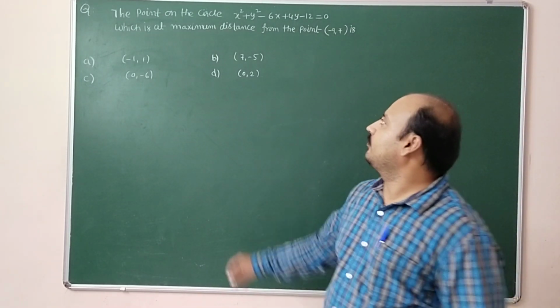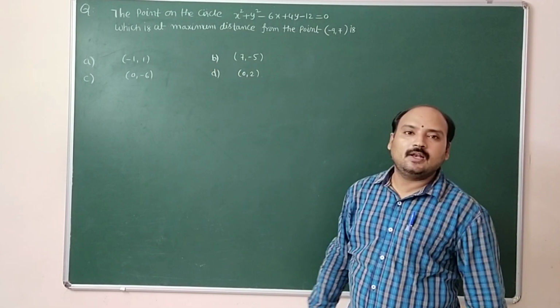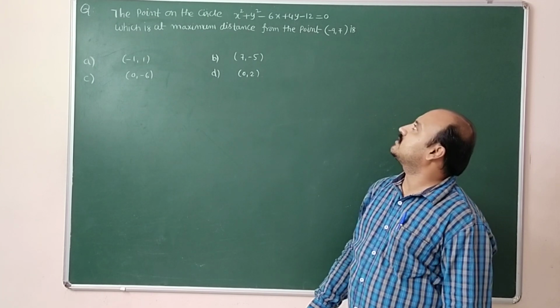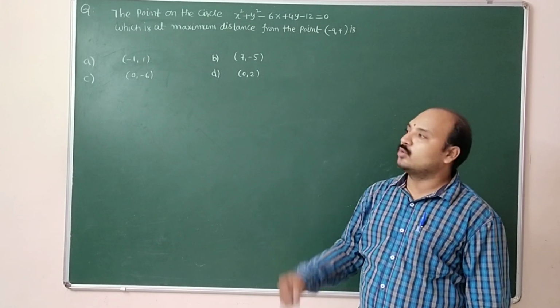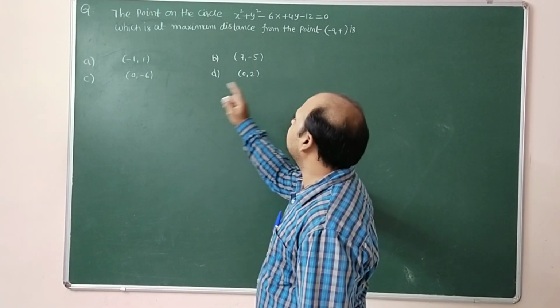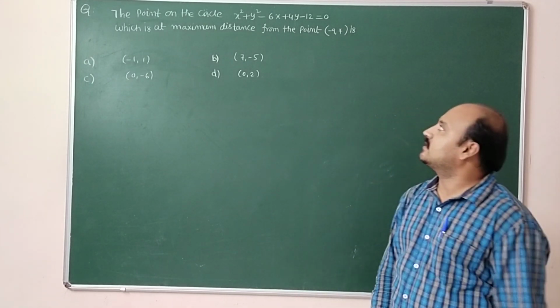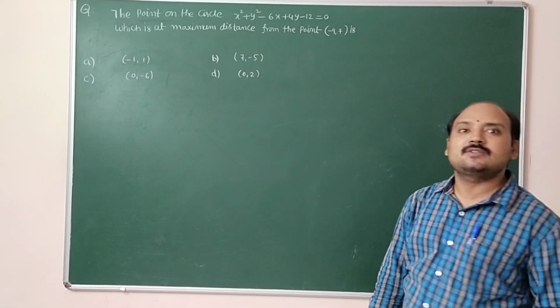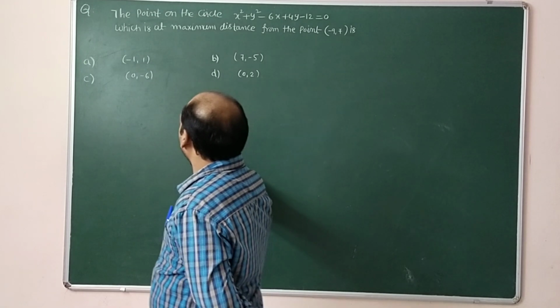The next question. The point on the circle x square plus y square minus 6x plus 4y minus 12 equal to 0, which is at a maximum distance from the point minus 9, 7. So this is the rough figure.